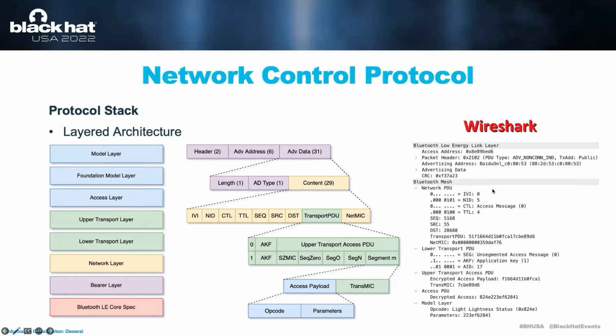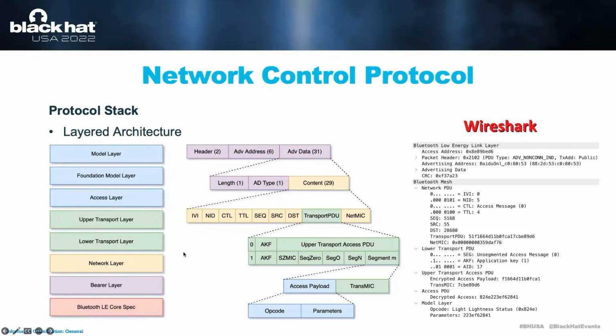Okay, next, let's see the network control protocol. Network control is a process in which one device sends messages to other devices. For example, a switch can send some message to the lights to turn on those lights. We call it network control. And the network control protocol follows a layered architecture, and there are 8 layers in total. Here we can just focus on the network layer and the transport layer.